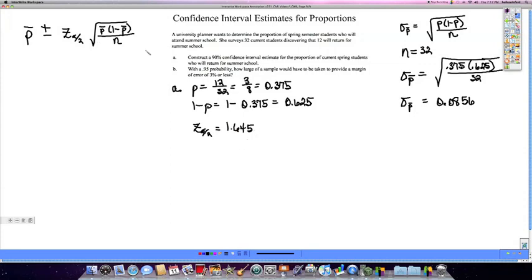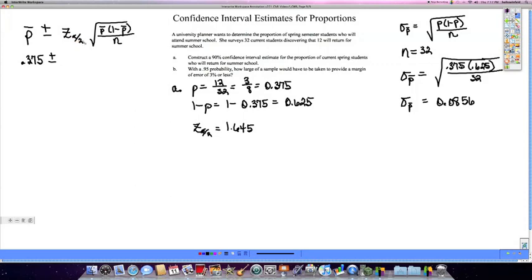So now we're going to use the proportion formula over here to the left. The proportion that we found as the sample proportion was 0.375.